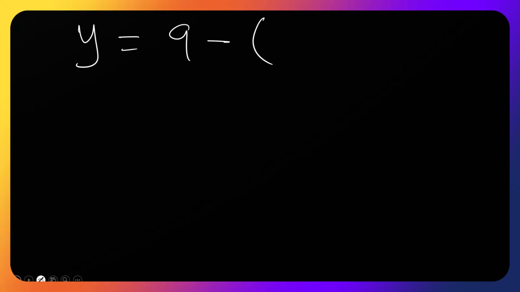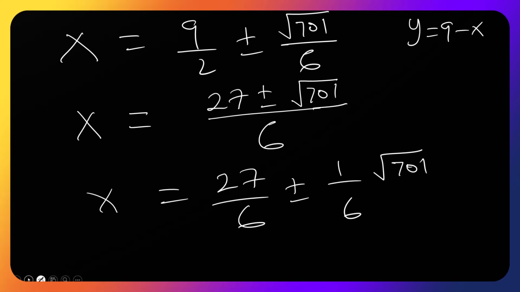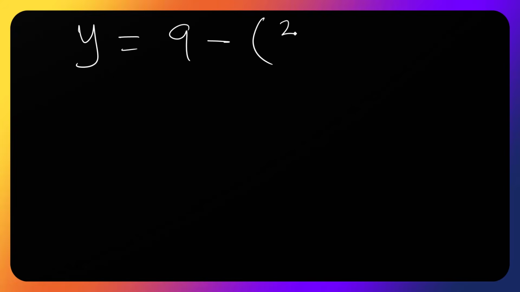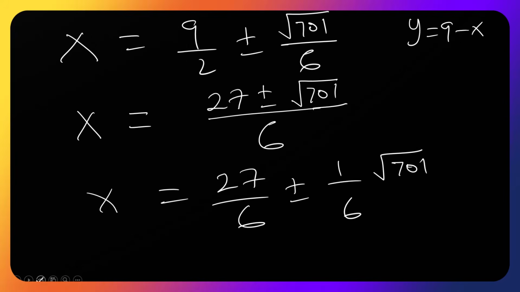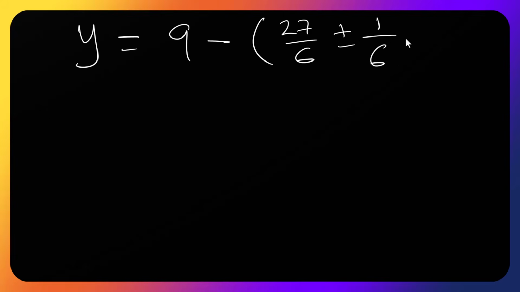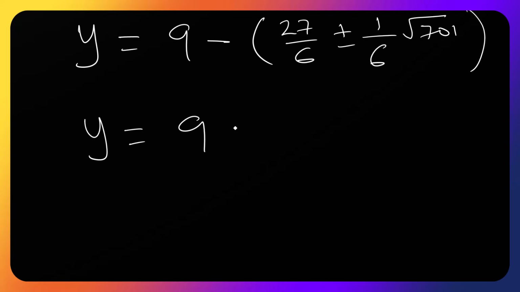So let's plug in this: 27 on 6 plus or minus 1 on 6 square root of 701. So we have this. So that would be 9 minus 27 on 6, minus plus 1 on 6 square root of 701.